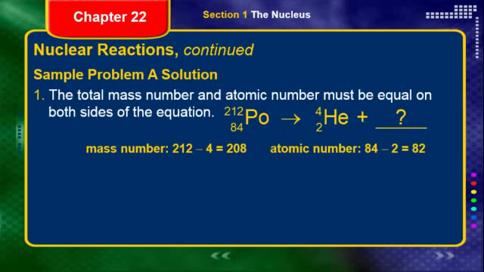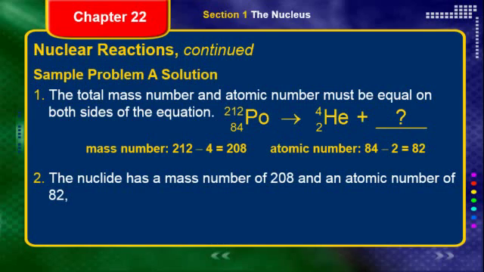Now we're starting with a mass number of 212, and obviously we're losing a mass number of 4, so whatever element I have as a result is going to have a mass number of 208. Similarly, I'm starting with an atomic number of 84, it's polonium, but I'm losing 2 protons, and so my atomic number is going to go down by 2. And that's going to leave me with an atomic number of 82.